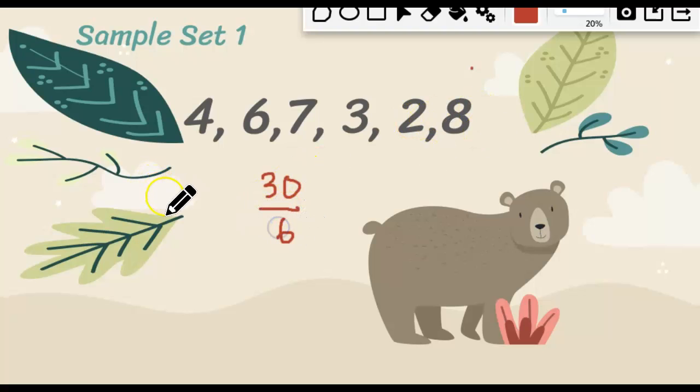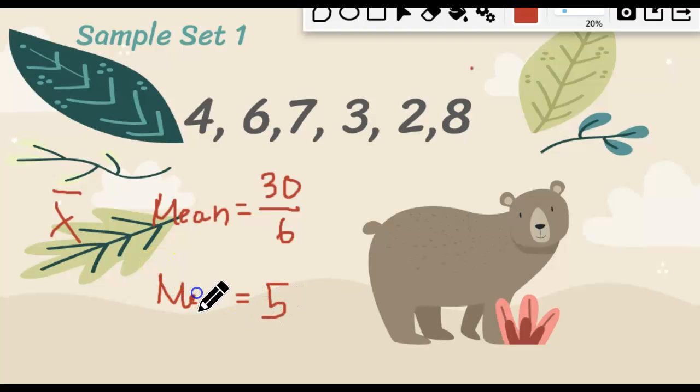And so our mean, or the average, sometimes has a label that looks like this. So that's the mean, and the mean here is going to be 5. So the average or the mean for this set of data is 5.